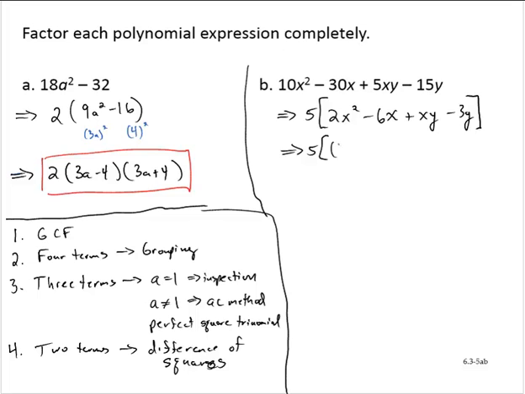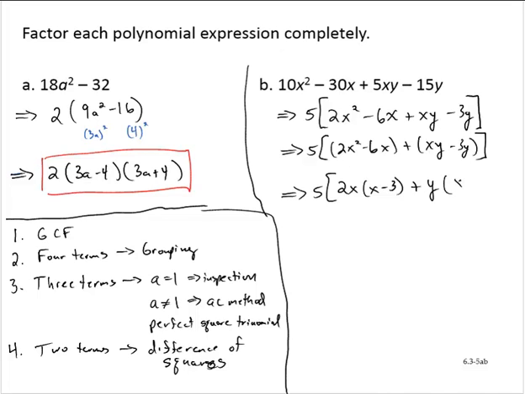So I've got a 2x squared minus 6x in my first group, and I have an xy minus 3y in my second group. From my first group, I can factor 2x, so I'd have 2x by x minus 3. From my second group, it looks like I can factor out y, and so I'd have y by x minus 3.